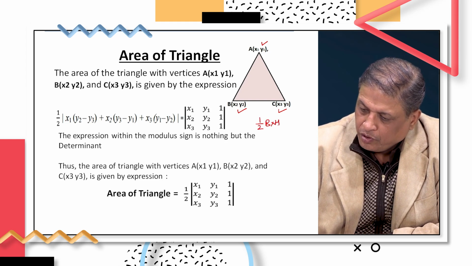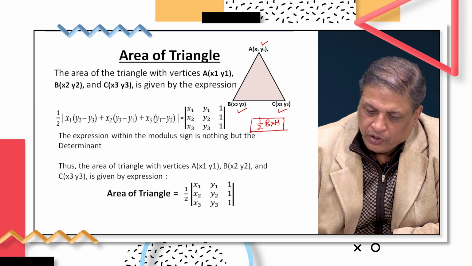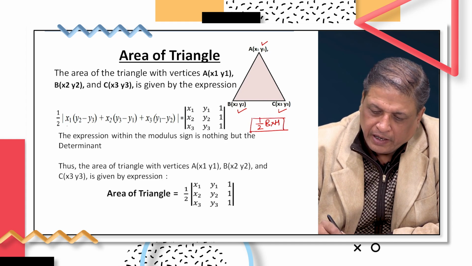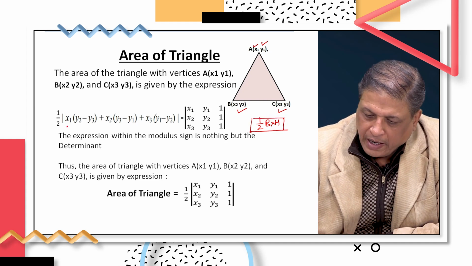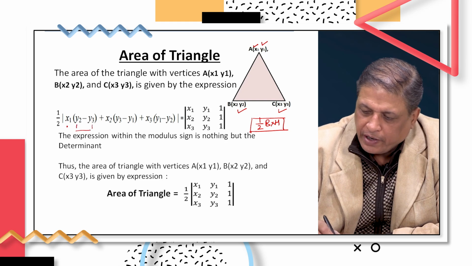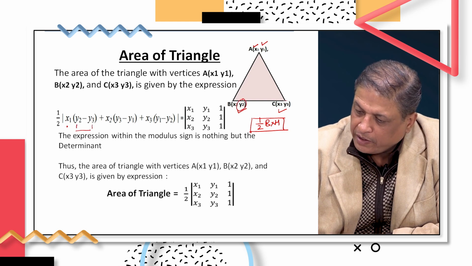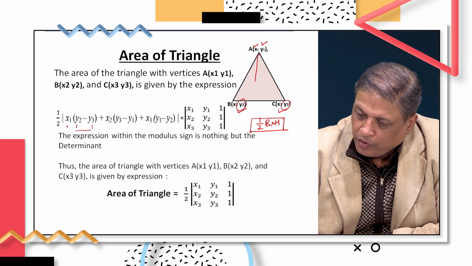is as follows. Yes. So x1, and on the opposite side we have two values, y2 and y3. So x1, y2, y3.